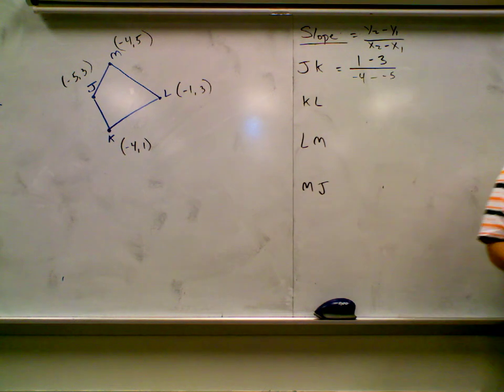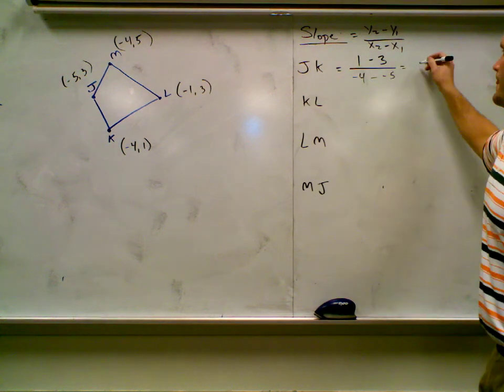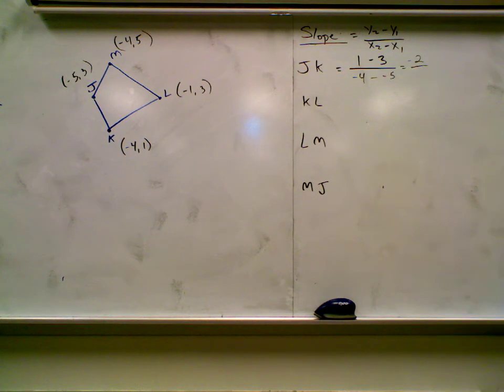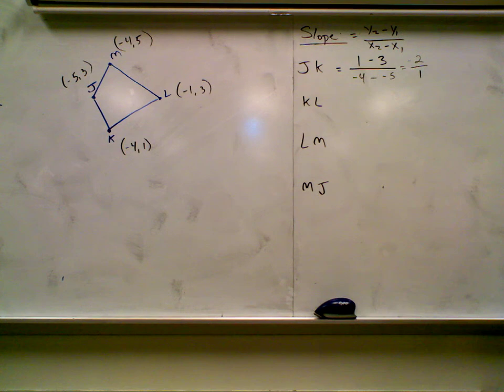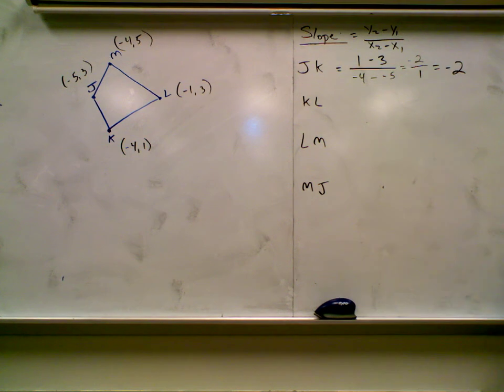So this is how we figure out the slope: 1 minus 3 over -4 minus -5. What's 1 minus 3? -2. What's -4 minus -5? 1. So my slope is -2 over 1, which is -2. Does that make sense? Okay.